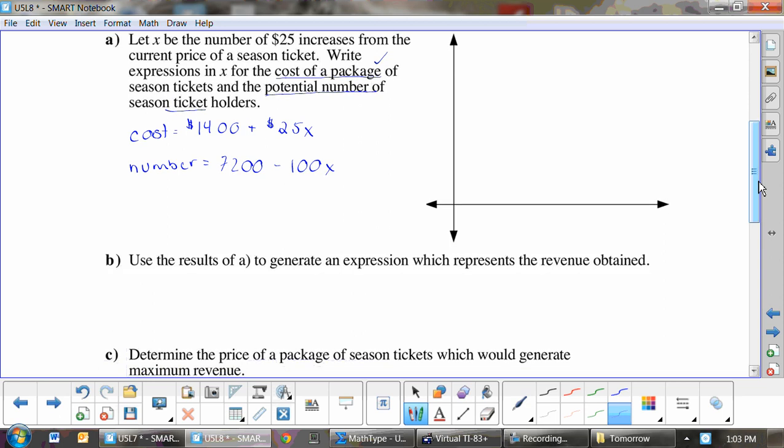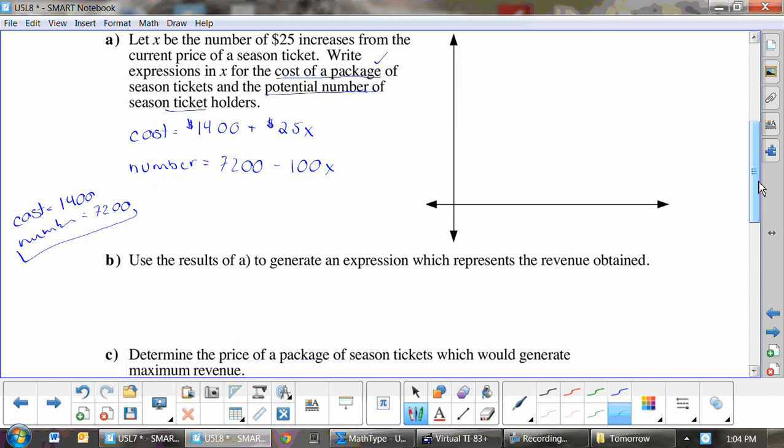So here they say use your equations to generate an expression which represents the revenue obtained. So if we were just going to say, for the initial case where cost is 1,400 and number is 7,200, how would we use these to figure out how much they actually made?